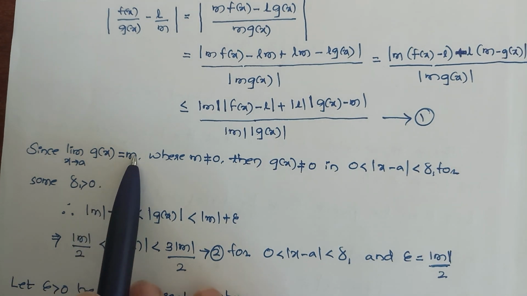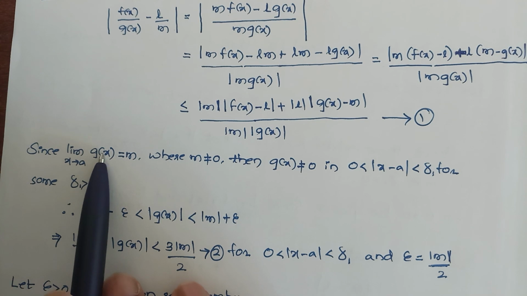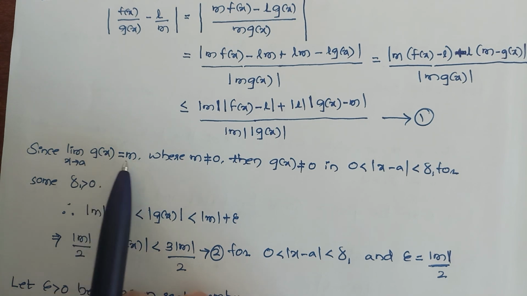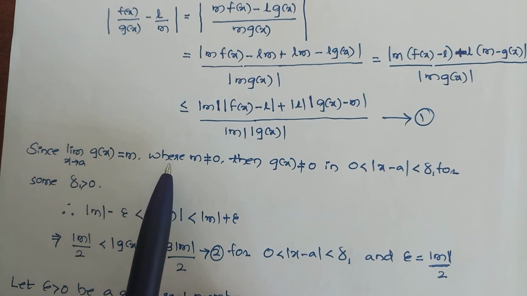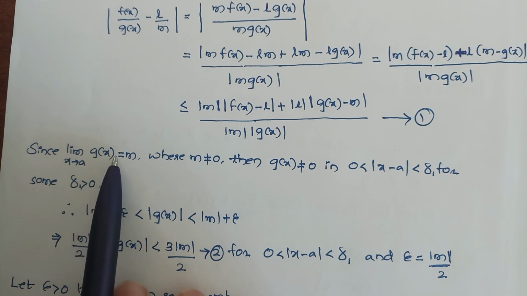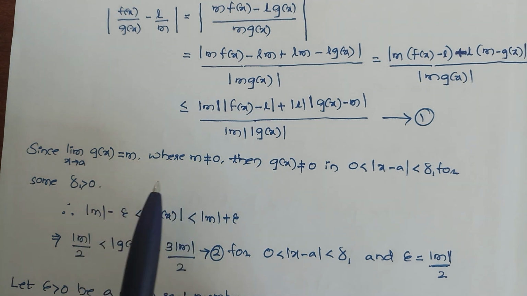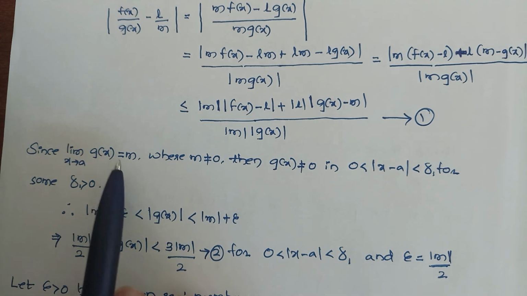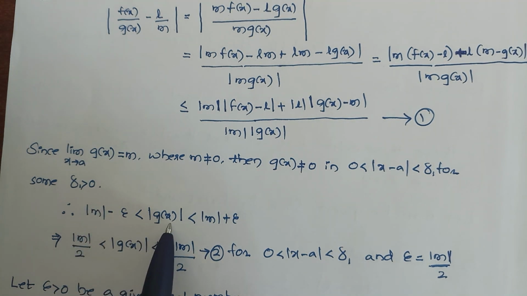So this can be written as modulus of g of x minus m is less than epsilon. Using that we can express it as modulus of m minus epsilon is less than modulus of g of x is less than modulus of m plus epsilon.